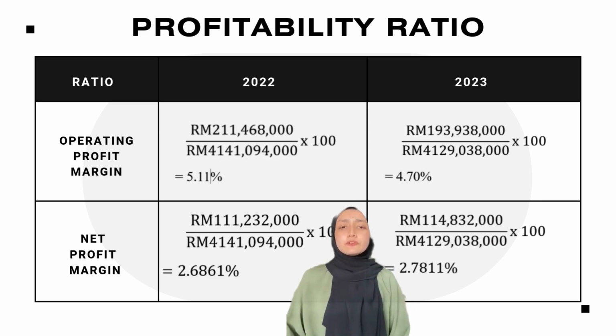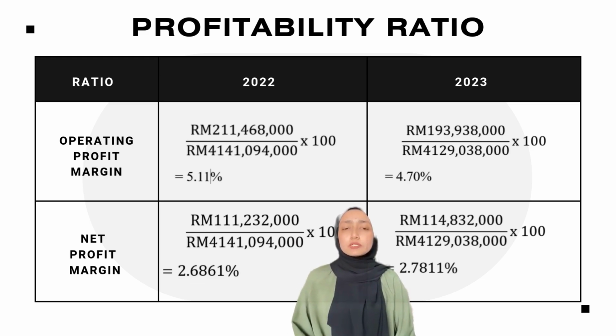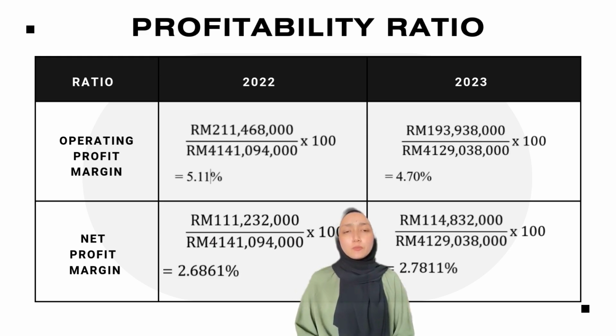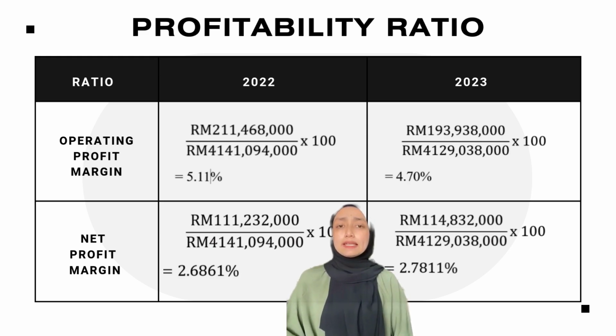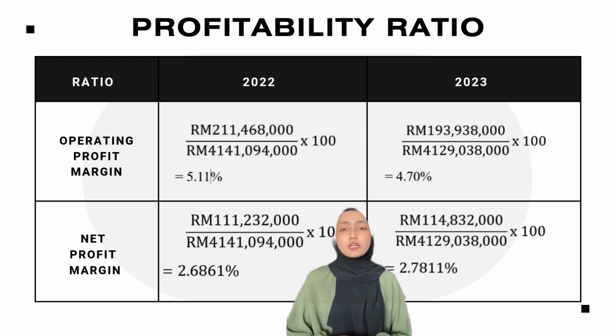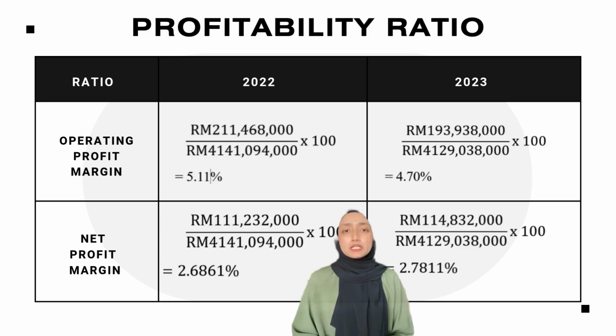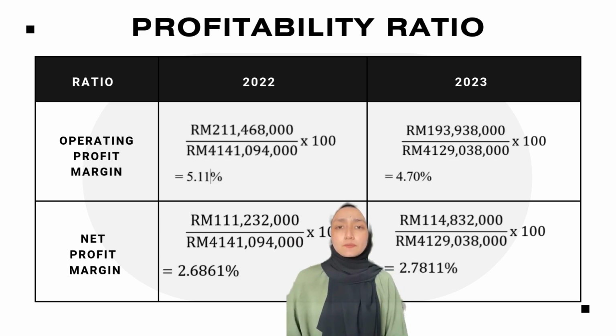An operating profit margin of 5.11% was reported in 2022, but in 2023, it fell to 4.70%. An increase in running costs, such as labor costs, rental prices, or location issues, may be the cause of the minor decline in operational efficiency.